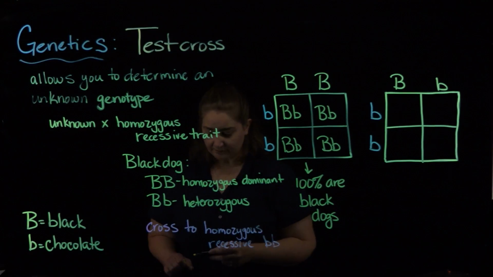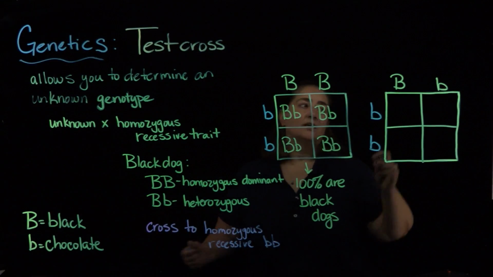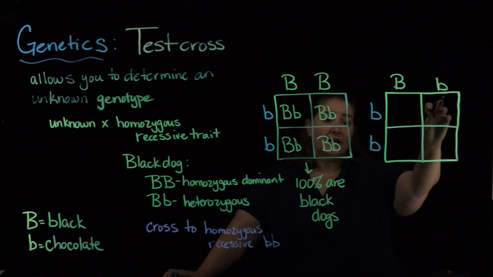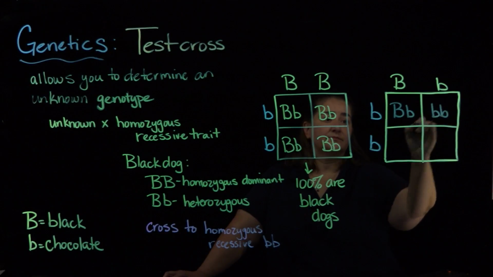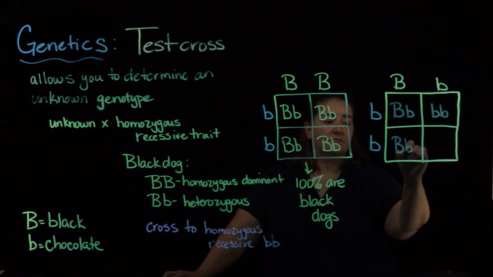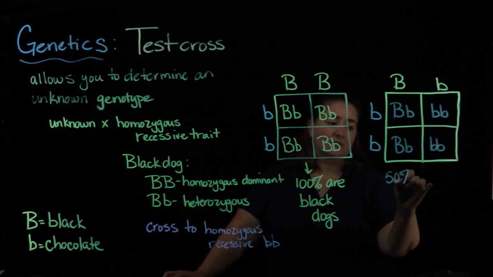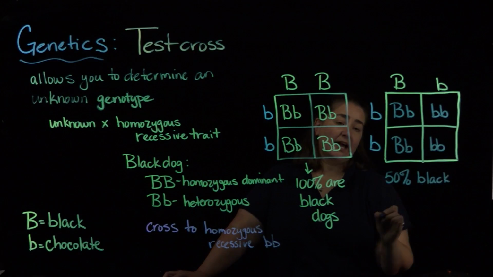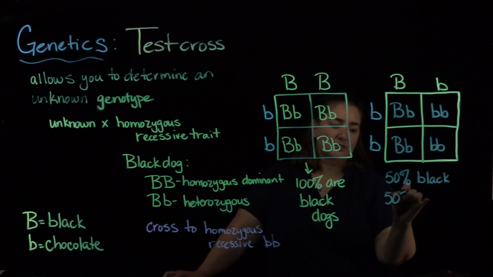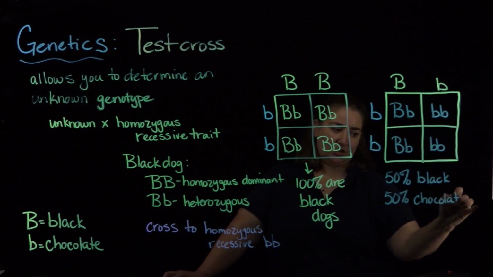But if the black dog is heterozygous for coat color, then what we would see is 50%, or half, of our dogs would be black, and 50% would be chocolate.